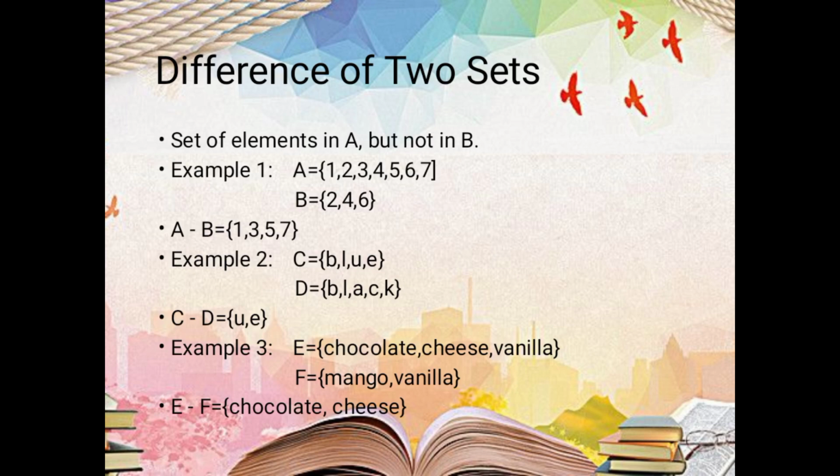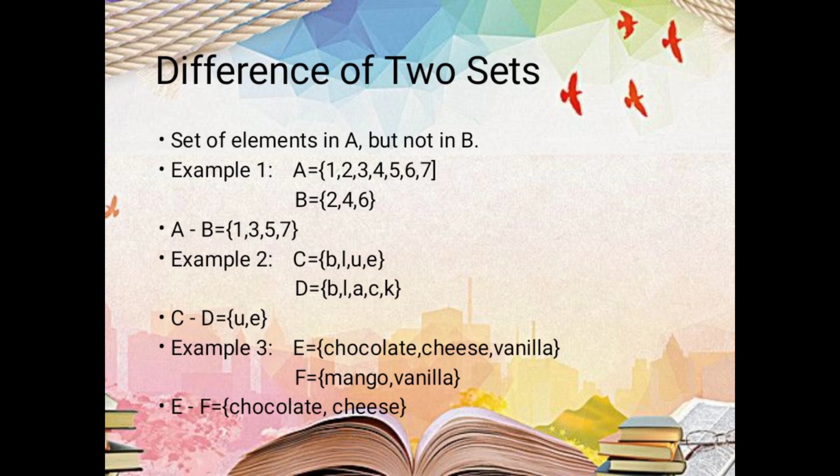And for example number 2, C is equal to B, L, U, and E. And D is equal to B, L, A, C, and K. So the difference of the two sets, C and D, is equal to U, E, because U and E are not in set D. So for the last example, example number 3, E is equal to chocolate, cheese, and vanilla.